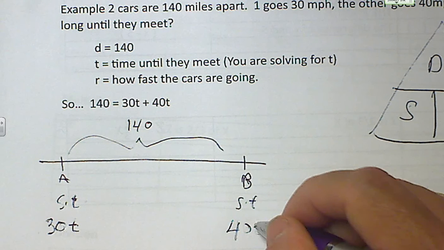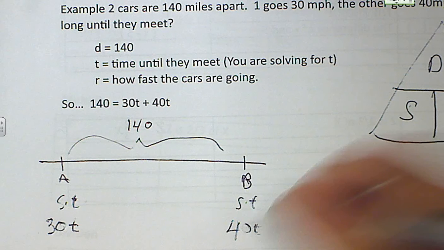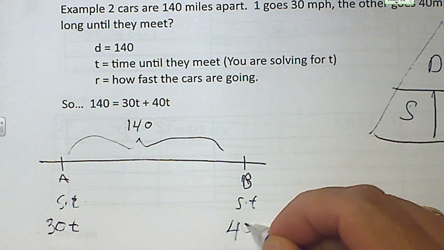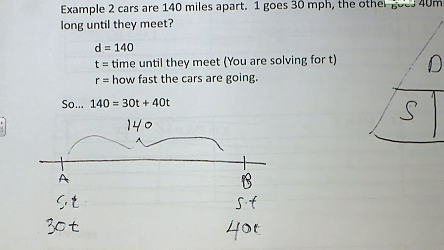Okay, so if I have two cars, and this one goes 40 miles, and this one goes 30 miles, how many miles have they traveled? Not a trick question. 40 and 30. 70. They've gone 70 miles, right? So if I add this one to this one, I have total distance traveled by two cars. Does that make sense to you?